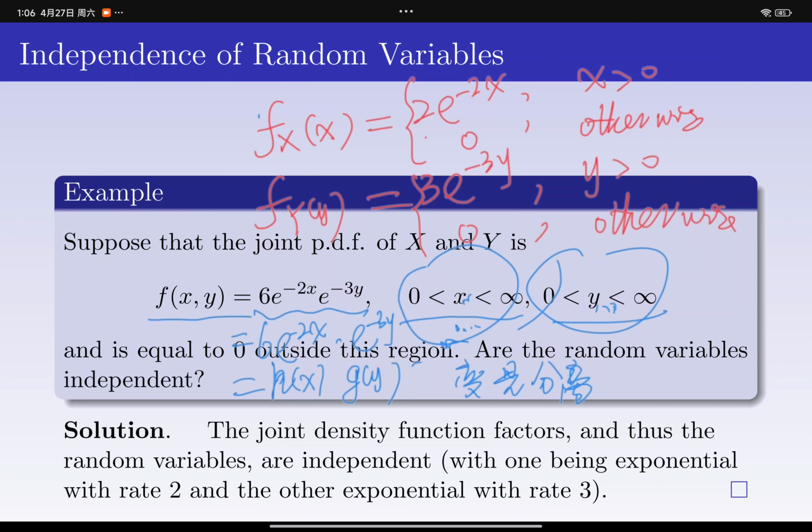Suppose that the density is equal to 0 outside, because they can lead directly into different groups. That means the variables are split.